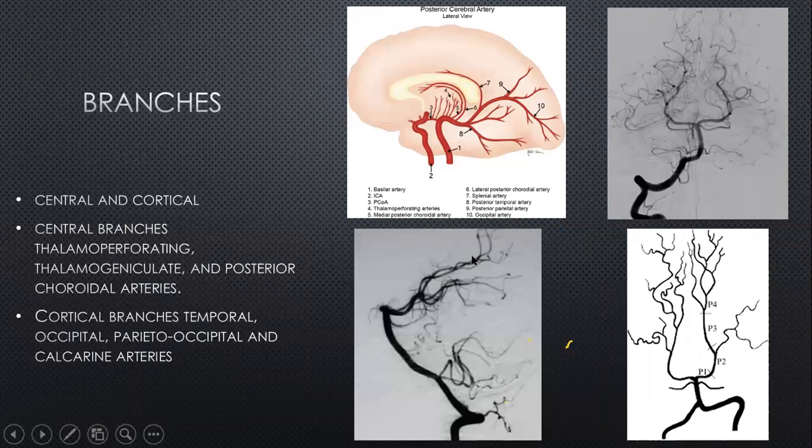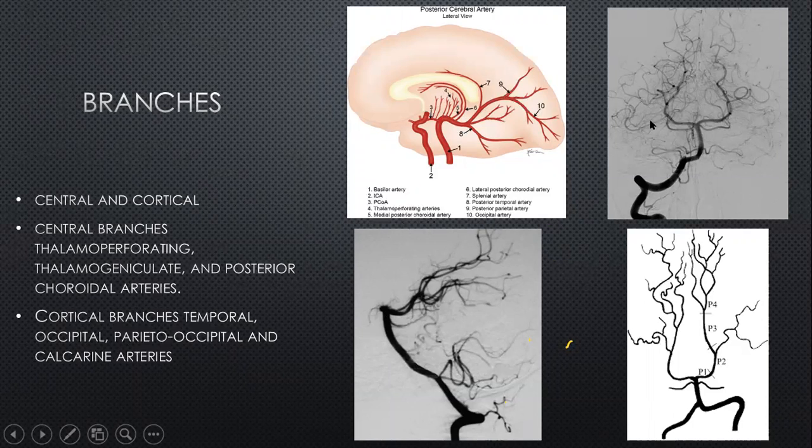So what are the branches of the PCA? Again, we know it supplies the occipital lobe, but it is also important to realize that the PCA supplies a vast perforator territory of the thalamus, and also the choroidal vessels. We have talked about the P1 perforators and the artery of Percheron, but you also have other branches called the thalamoperforating and the geniculate branches.